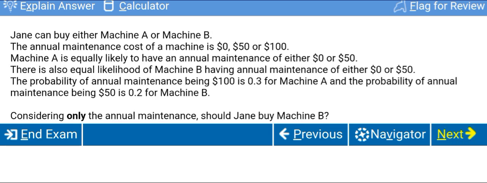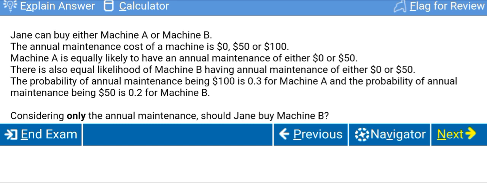Jane can buy either machine A or machine B. The annual maintenance cost of a machine is $0, $50, or $100. Machine A is equally likely to have an annual maintenance of either $0 or $50.